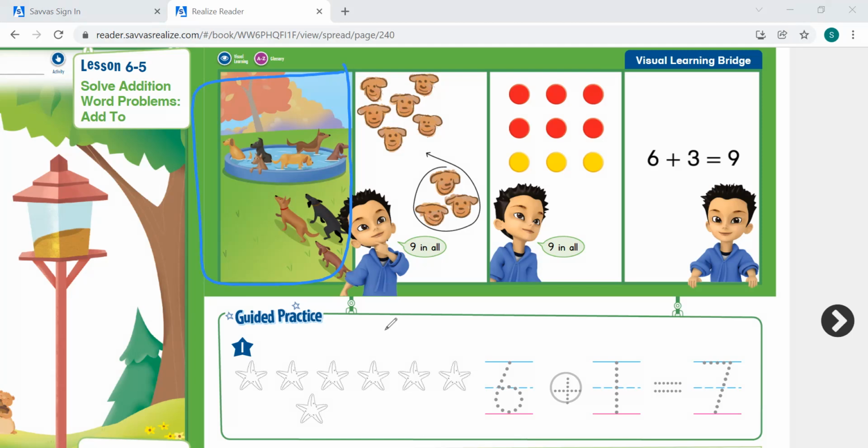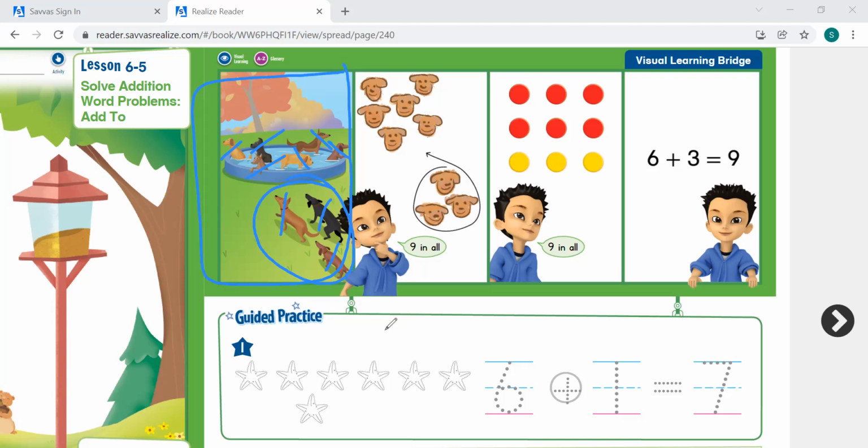So how many dogs are in the water? We can count them. 1, 2, 3, 4, 5, 6. And how many dogs are joining them? These are the dogs that are joining them. Let's count them. 1, 2, 3.